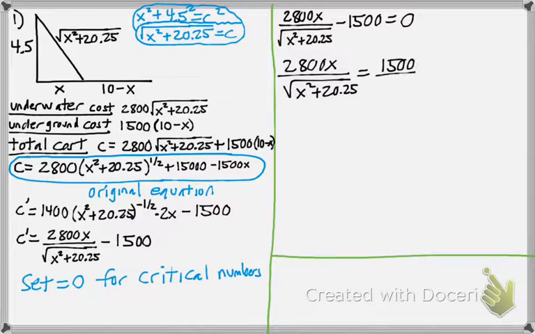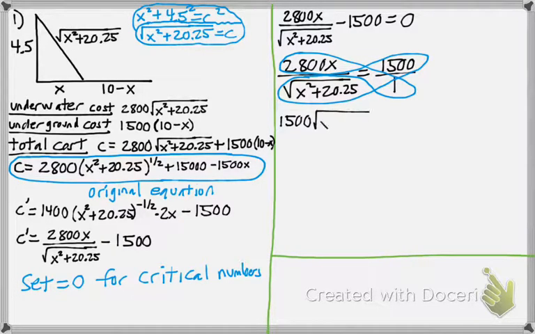And I'm also going to call it 1500 over 1. So at this point, I actually want to find the cross products. So this is a proportion, which means we can solve the cross products. So this is going to be 1500 times the square root of x squared plus 20.25 is equal to 2800x.